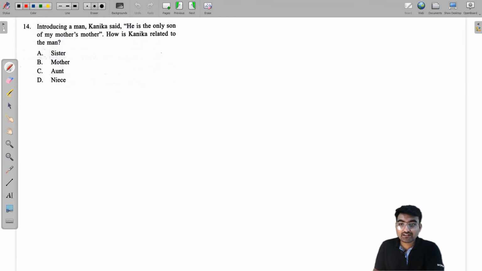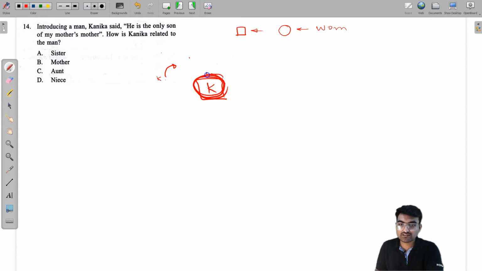Introducing a man, Kanika said, he is the only son of my mother's mother. Okay. Let's say Kanika is here, and Kanika is a girl. In relations we may use a square for male and a circle for woman, so it will be easier.